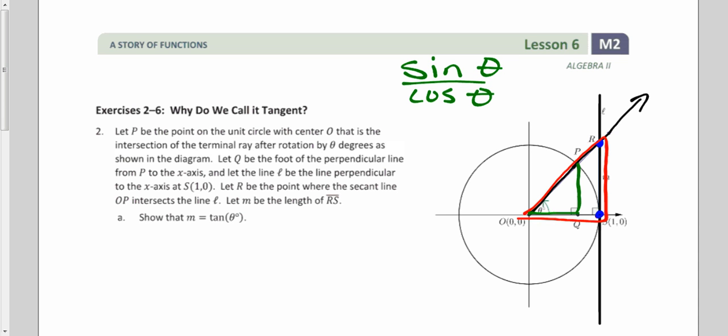The other way is opposite over adjacent. Now, when I extend that ray out and I look at the red triangle, opposite, I want to do this in red, I got opposite over adjacent. Now, in the red triangle, what is the length of the adjacent side? Remember, it goes to the edge of the unit circle.